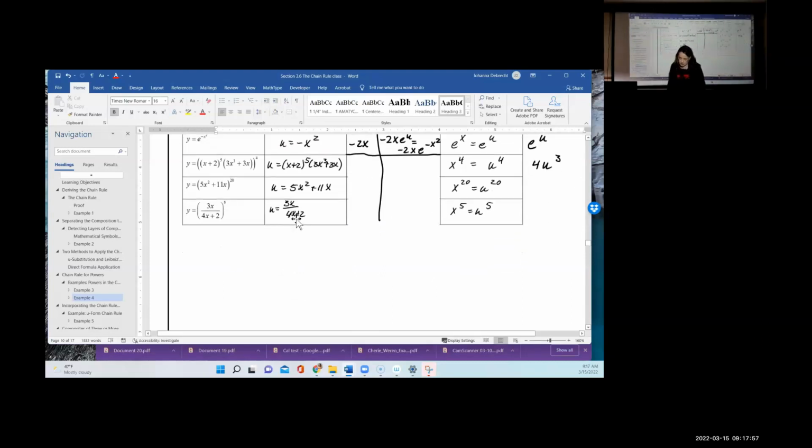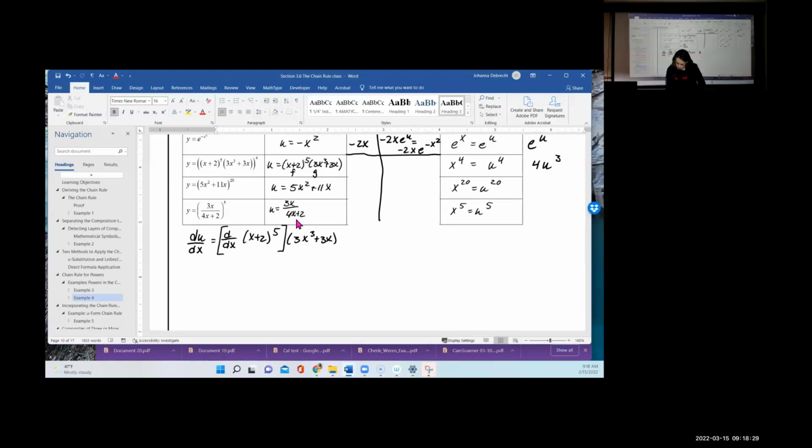So the derivative of u with respect to x of this x plus 2 to the 5th times 3x cubed plus 3x, we'll think of this as f and this is g. So I need to take the derivative with respect to x of x plus 2 to the 5th power times g, which is 3x cubed plus 3x.